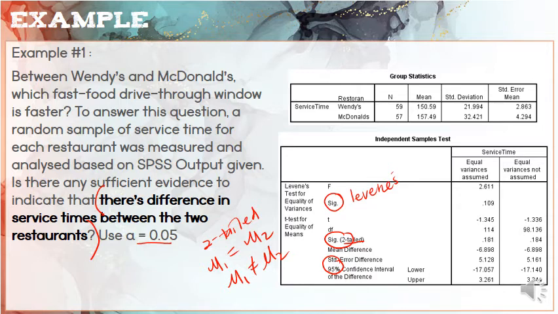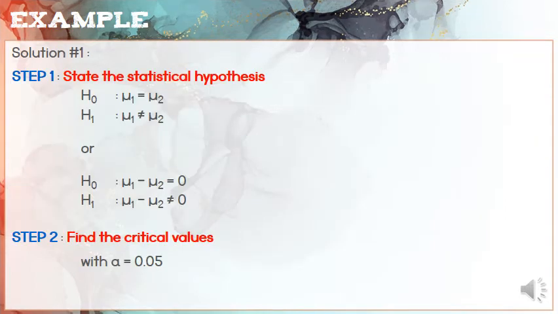So macam mana nak buat soalan ni? Okay, is there any sufficient evidence to indicate that there is a difference in service time? So bila dia tanya saja soalan macam ni, even though dia tak kata ini adalah soalan hypothesis testing, tapi kita akan follow all the steps in hypothesis testing. We are going to start with step number 1. State the statistical hypothesis.